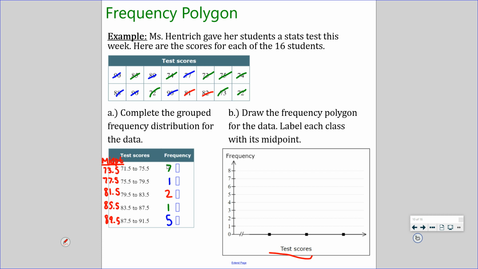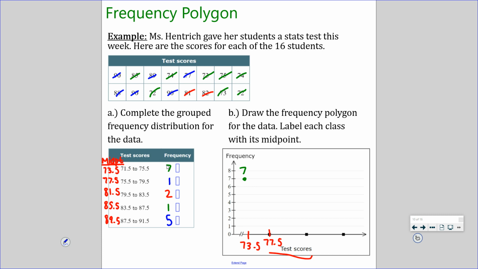So our first one, 73.5, the midpoint of that class. I'm just going to place it here. The frequency was 7. So you're just going to put a dot. We're not making bars. We're making a frequency polygon. 77.5, I'm trying to evenly space it.